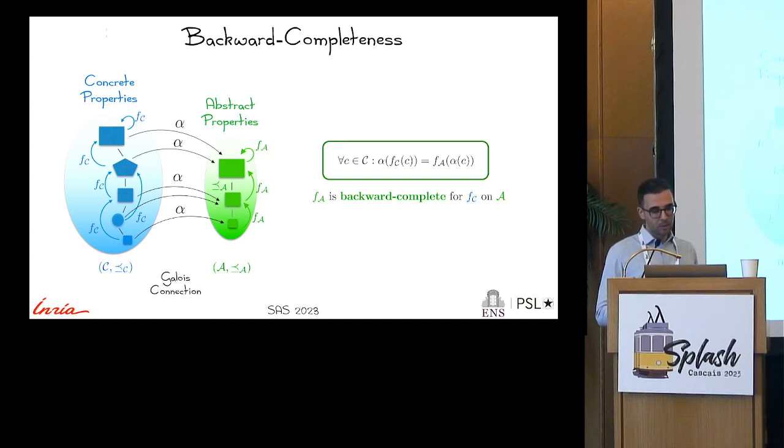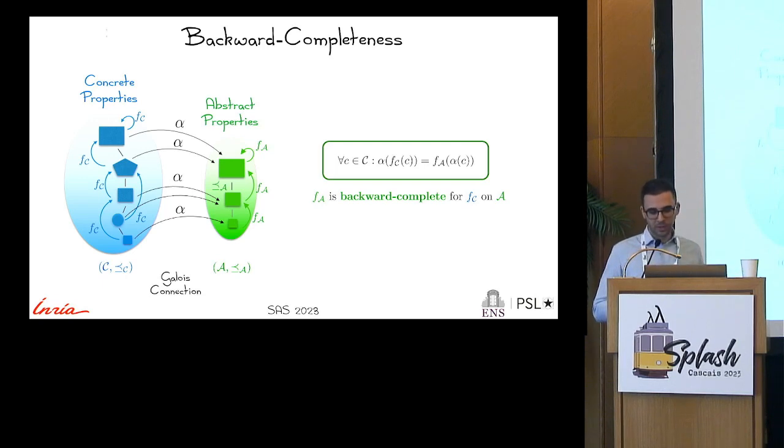When the concrete properties and abstract properties enjoy a Galois connection, through an abstraction function, then in this case, we can formalize the well-known backward completeness property, which is the property that was in the previous talks.